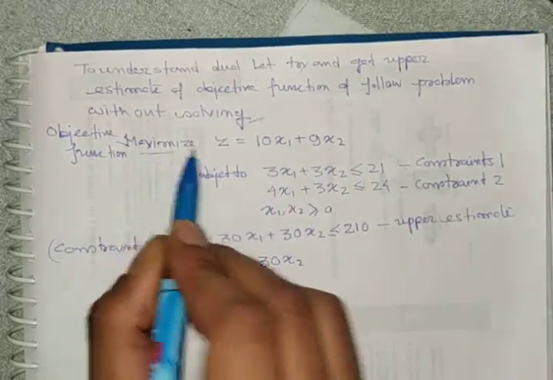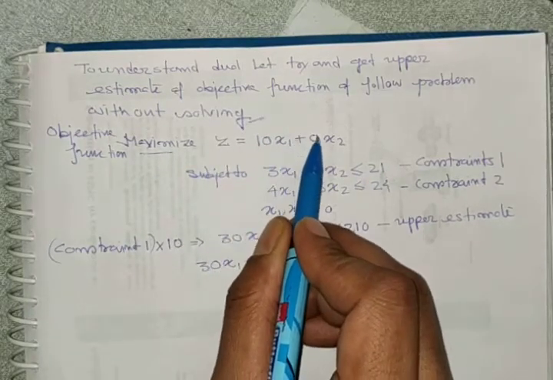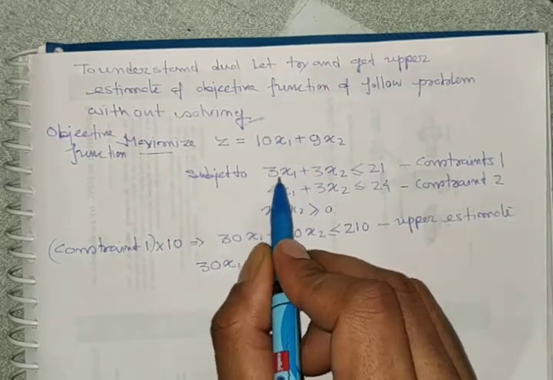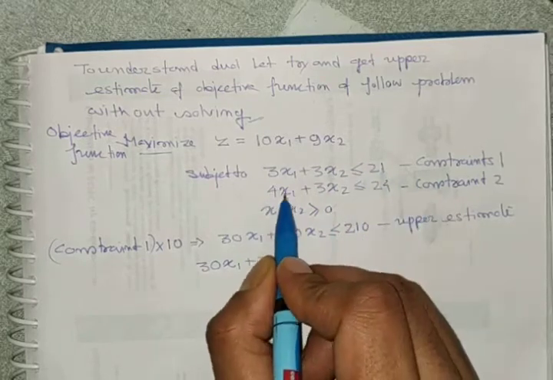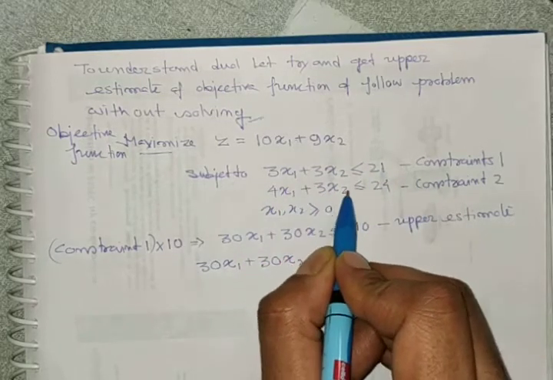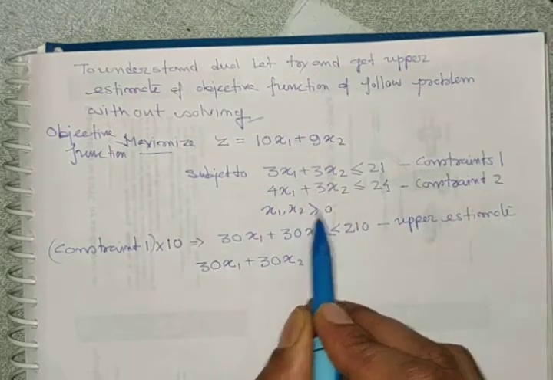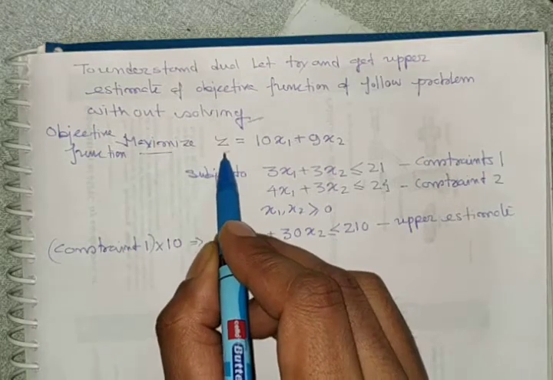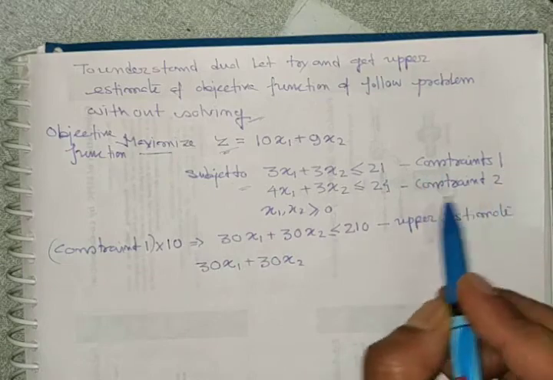This is a maximization problem: Z is equal to 10x1 plus 9x2, subject to 3x1 plus 3x2 less than or equal to 21, 4x1 plus 3x2 less than or equal to 24, x1, x2 greater than or equal to 0. So Z is our objective function, this is subject to constraint 1 and constraint 2.